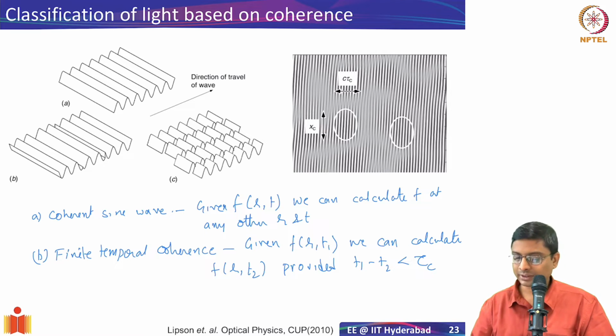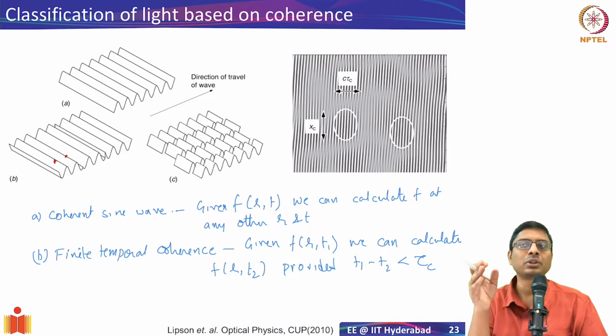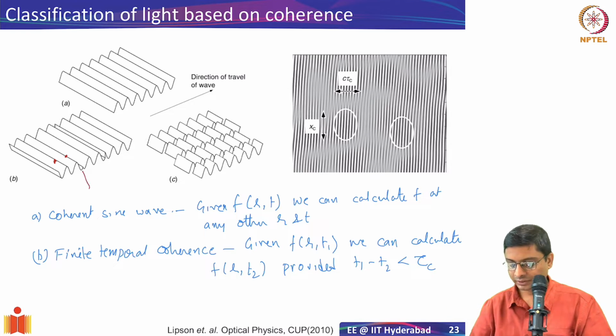So what I mean by this is, if you take one point here on this wave, I can estimate at a different point t2 provided the time difference is less than the coherence time. That means within that coherence time there is a fixed phase relationship between different parts of the wave, but then there's a discontinuity here, the phase jumps, right?